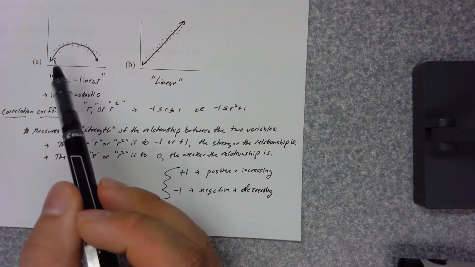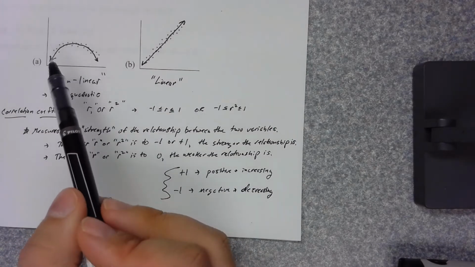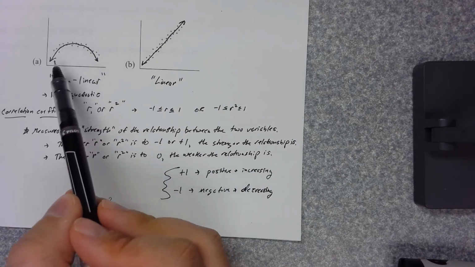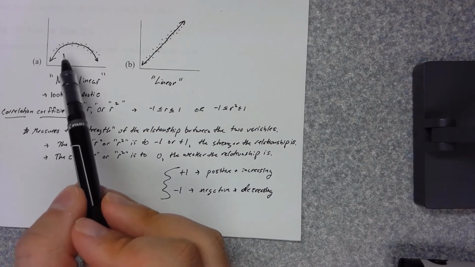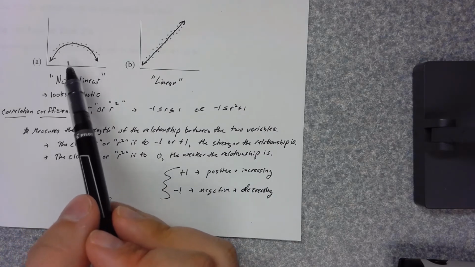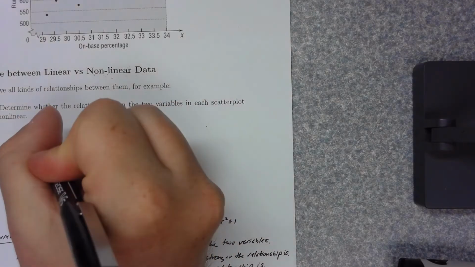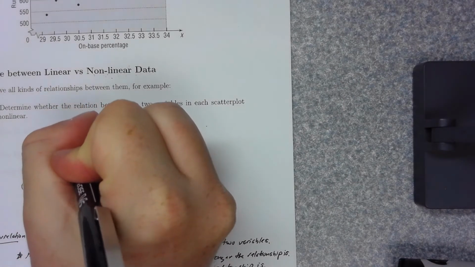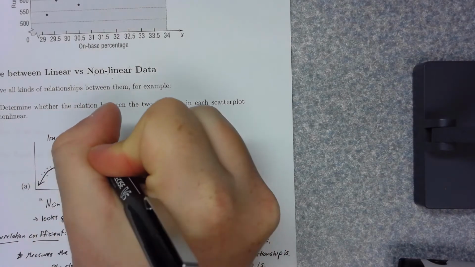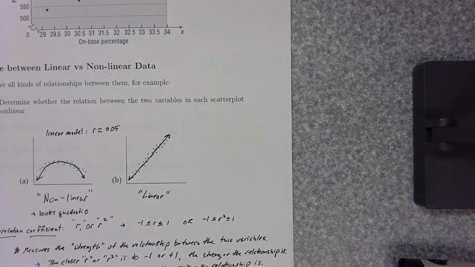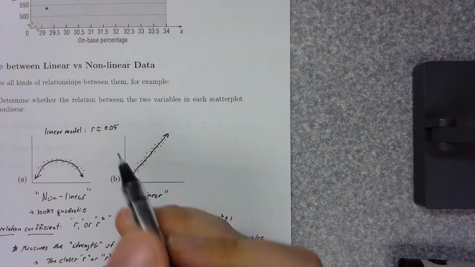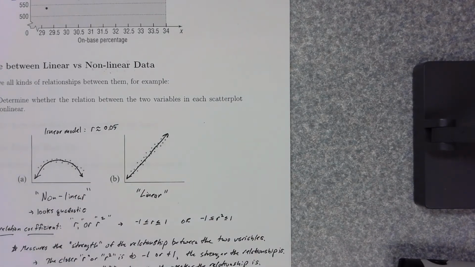So for example, if you were using a linear model to approximate this data, your R value would probably be pretty close to 0. So it would be something like 0.05. I'm just picking a number that's close to 0.